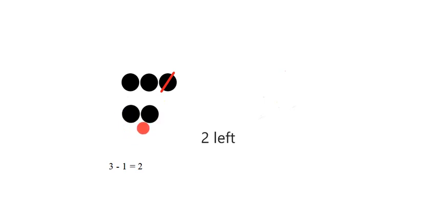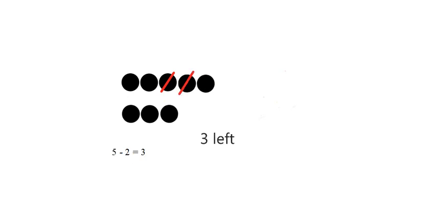Two circles. It means that 3 minus 1 equals 2. It is written as 3 minus 1 equals 2.